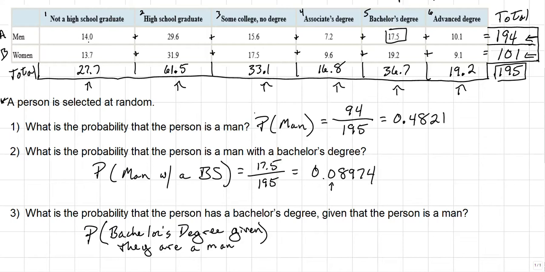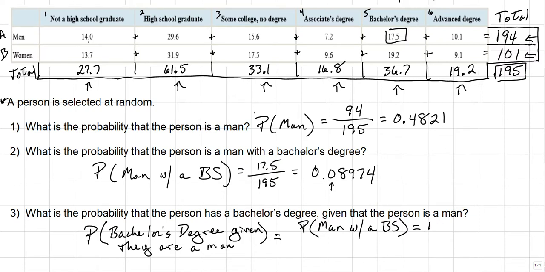In this case, to find this, we know the probability of choosing a man with a bachelor's degree already. That's going to be the probability of A and B, because we're looking at bachelor's degree and man. So that's the probability of a man with a bachelor's degree, which we already know is 0.08974.